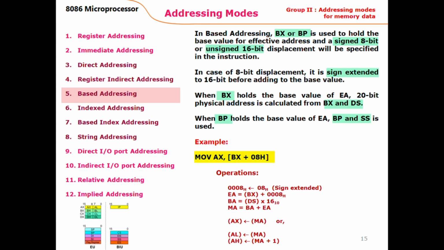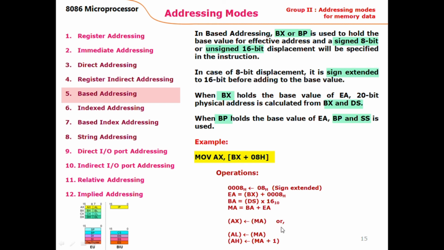Then the base address, which is the starting address of the segment, is taken from the data segment. It is left shifted by one hexadecimal place, just like before. The starting address of the segment and the effective address calculated here would give us the memory physical address, and then the 16-bit content from that memory address is copied to the 16-bit accumulator register.